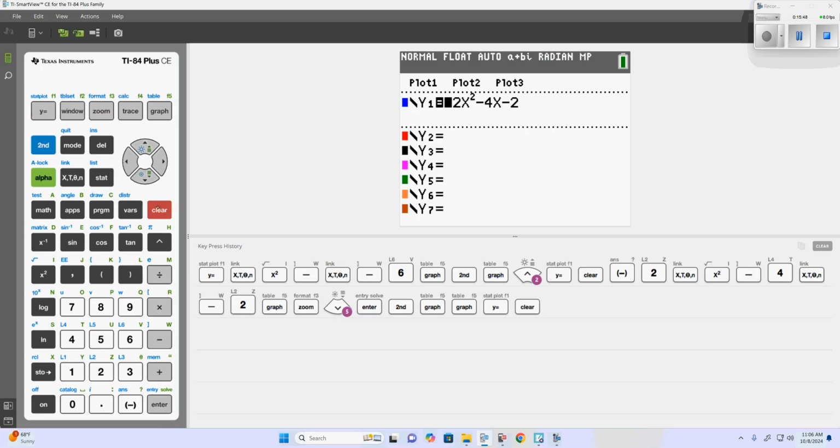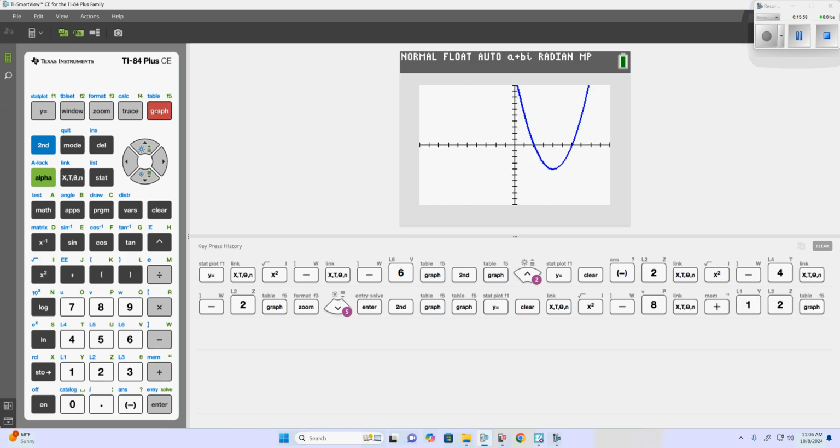y equals. And we can clear out the other equation. X squared minus 8x plus 12.